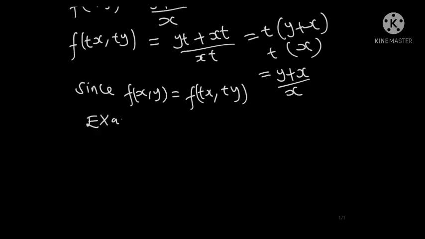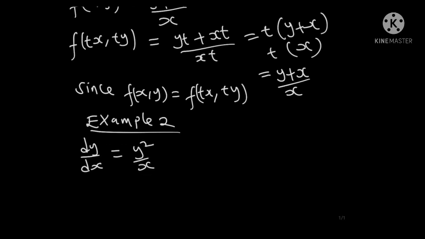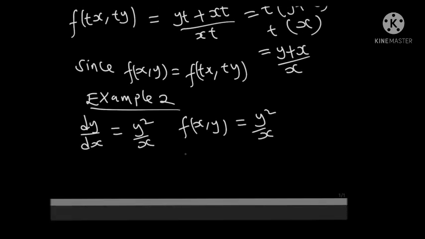Example 2. Suppose we have dy over dx equals y squared over x. Our f of x, y equals y squared over x. Our f of tx, ty equals y squared t squared over xt.